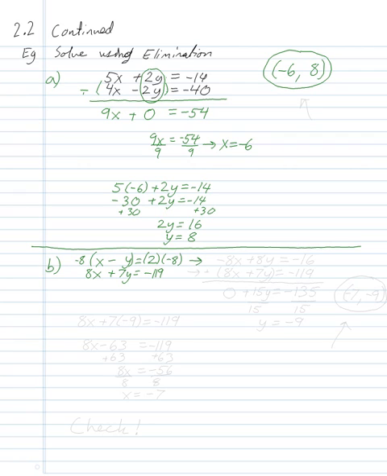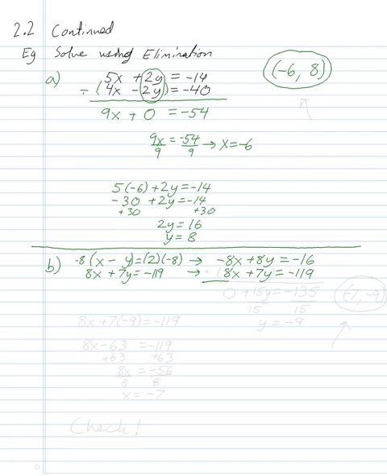So my new equation, which is equivalent to my old equation, looks like -8x. -8 distributes to -y, becoming +8y. And on the right-hand side, I have -16. My bottom equation is unchanged. I still have 8x + 7y = -119.